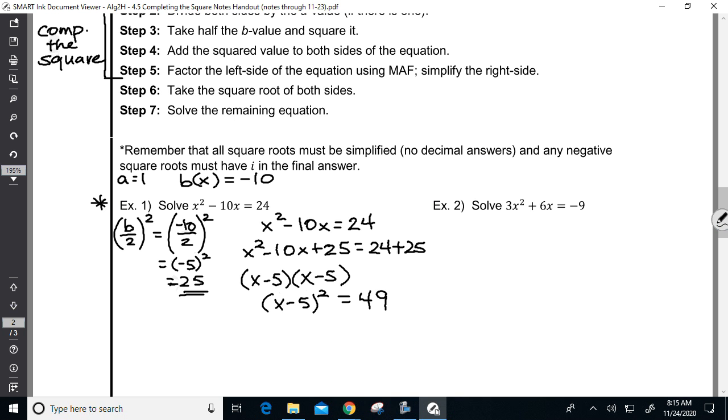Now, if you can go from here to there in one step, that's fine. If you need to write it out twice and then put it squared, that's fine too. It depends on what you're comfortable with. Any questions getting to this point?